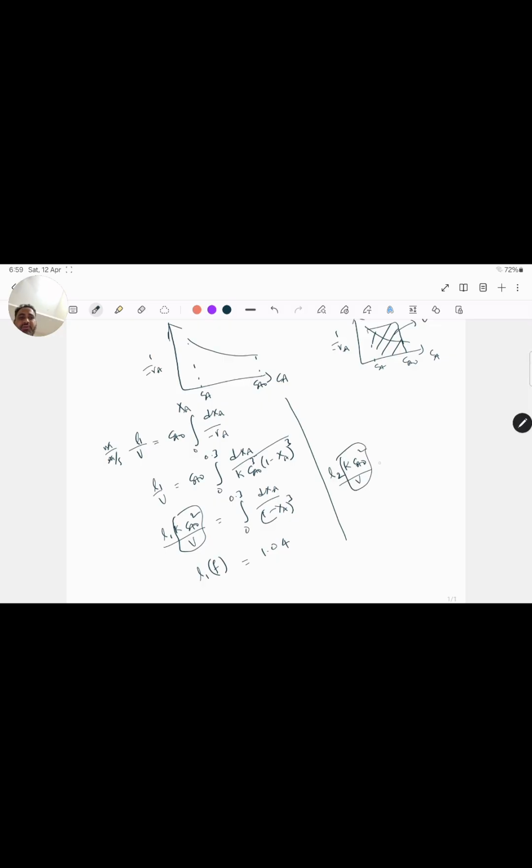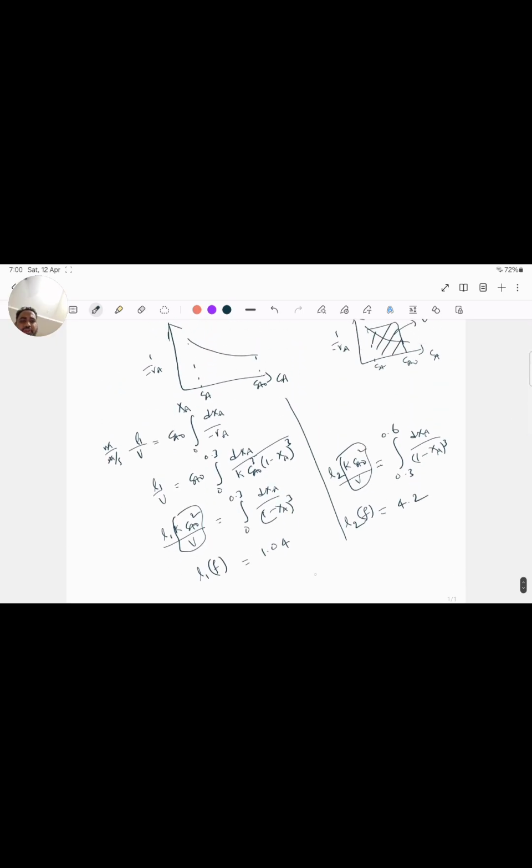This is a constant value, equal to the integral with limits changing from 0.3 to 0.6 of dXa by (1 minus Xa) whole cube. Everything else is the same. If you solve this integration, I get the value 4.2. This constant variable I am again considering as F, because all the remaining conditions are the same along the length of the reactor.